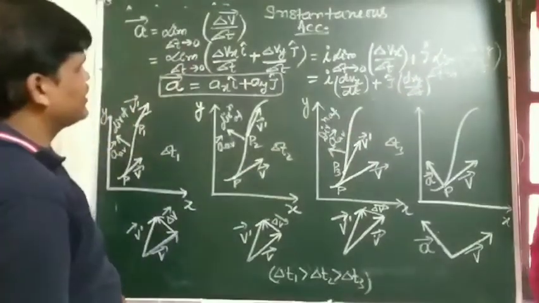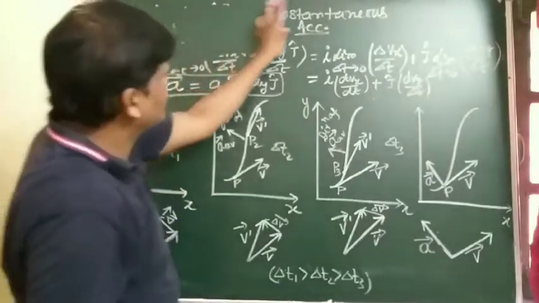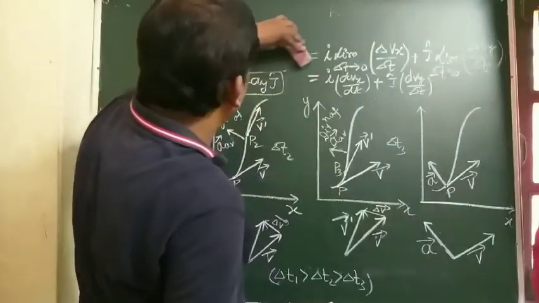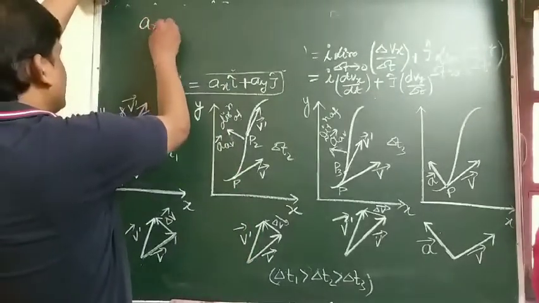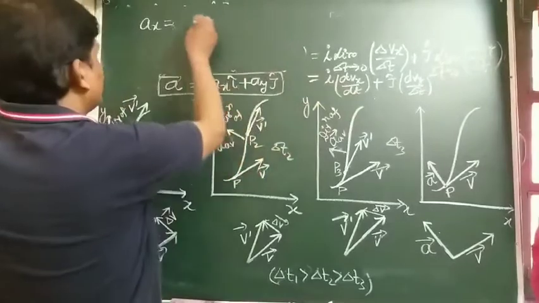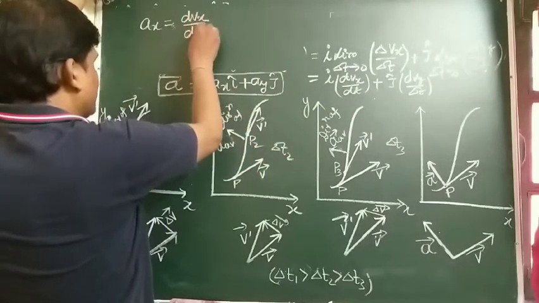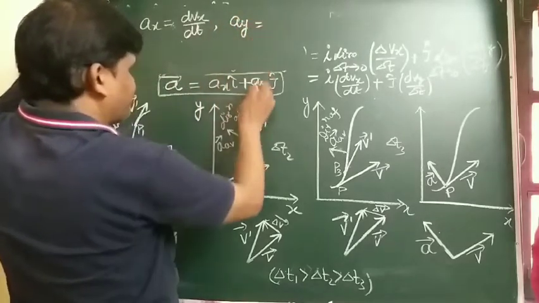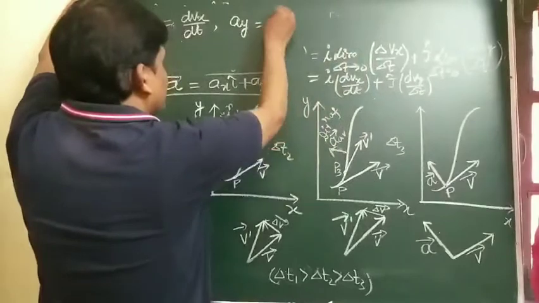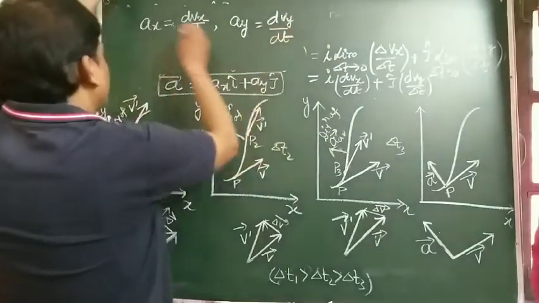So we can write ax equals dvx by dt, and ay equals dvy by dt.